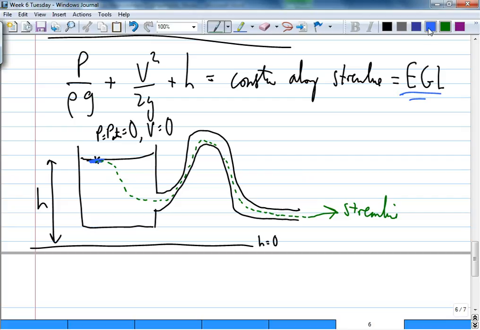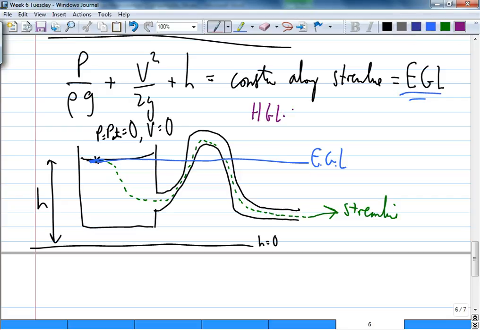Should be blue. It's the EGL. Alright? The hydraulic grade line is only this term, H. What color should I put?